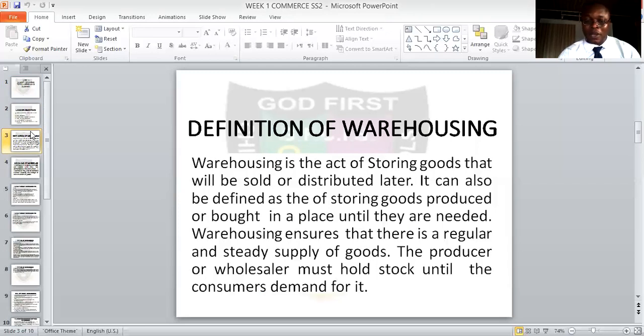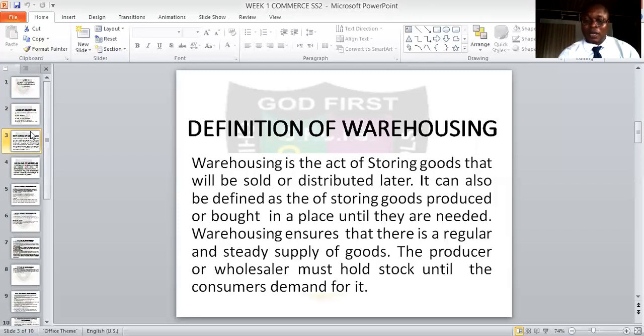Then this warehousing also ensures there's a regular and steady supply of goods to the market.